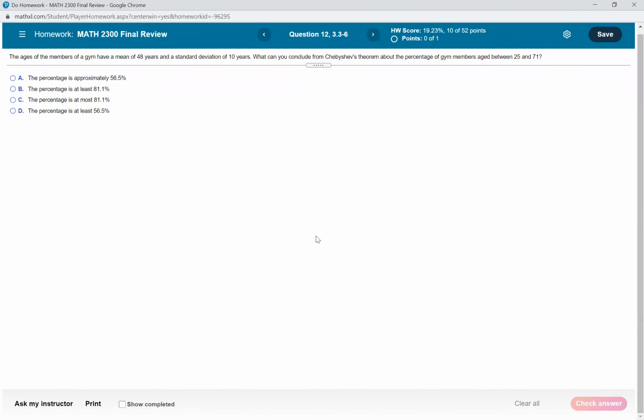Okay, the ages of the members of a gym have a mean of 48 years. So the mean value is 48 years. The x bar is 48 years here. And the standard deviation is 10 years.